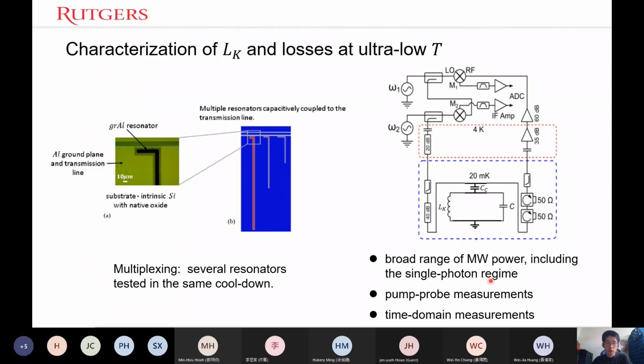Now, to test the kinetic inductance and dispersion in these films, we fabricated half-wavelength coplanar waveguide resonators, shown on the left panel. By making resonators with different lengths, we are able to multiplex them at different frequencies during the same cooldown. Our experiment enables us to perform the measurement down to the single photon regime.